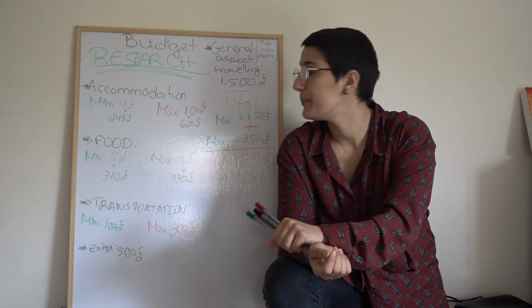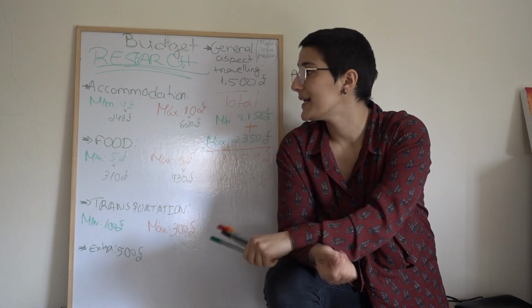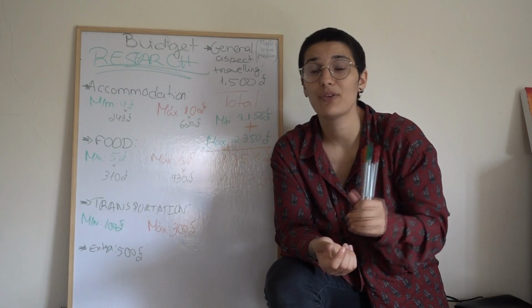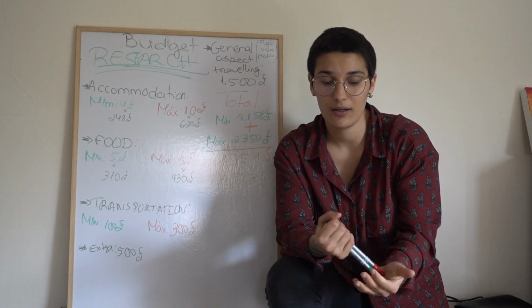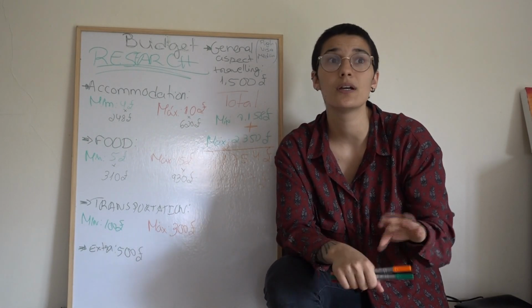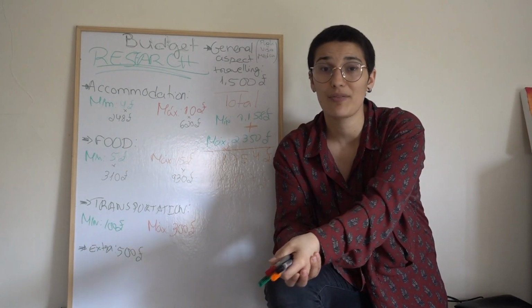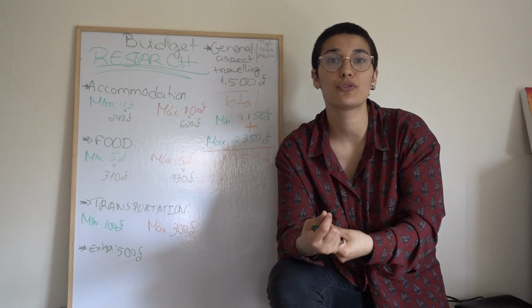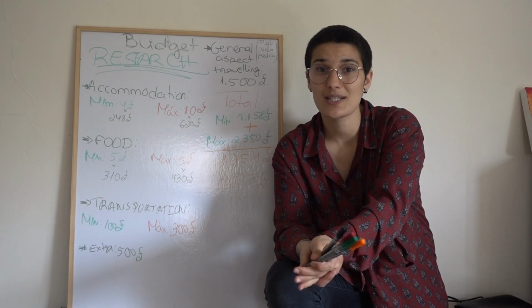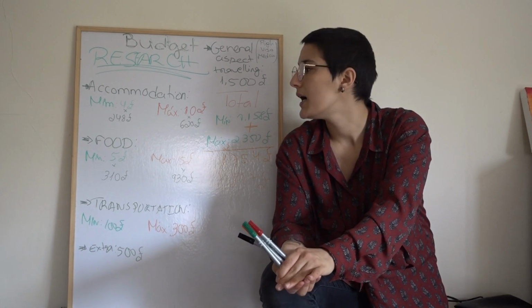to save up. What I did is I divided the amount that I need for my travels for the months that I have up to the day that I'm traveling. I divided that amount for, in my case, 16 months, I think, 16 months.